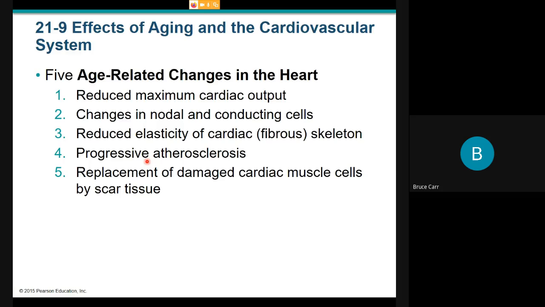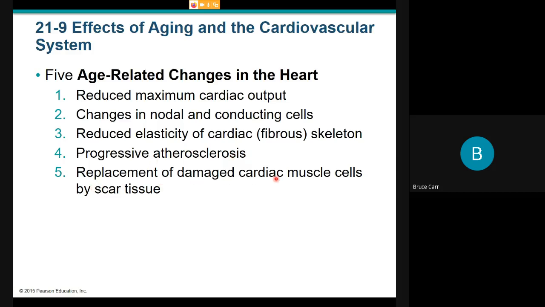The elastic nature of the connective tissue that forms the cardiac skeleton is decreased, as is all elastic tissue, cartilage and elastic fibers, reticular fibers, all begin to be stiffer. All vessels in the body start to clog up, and this occurs in the heart.